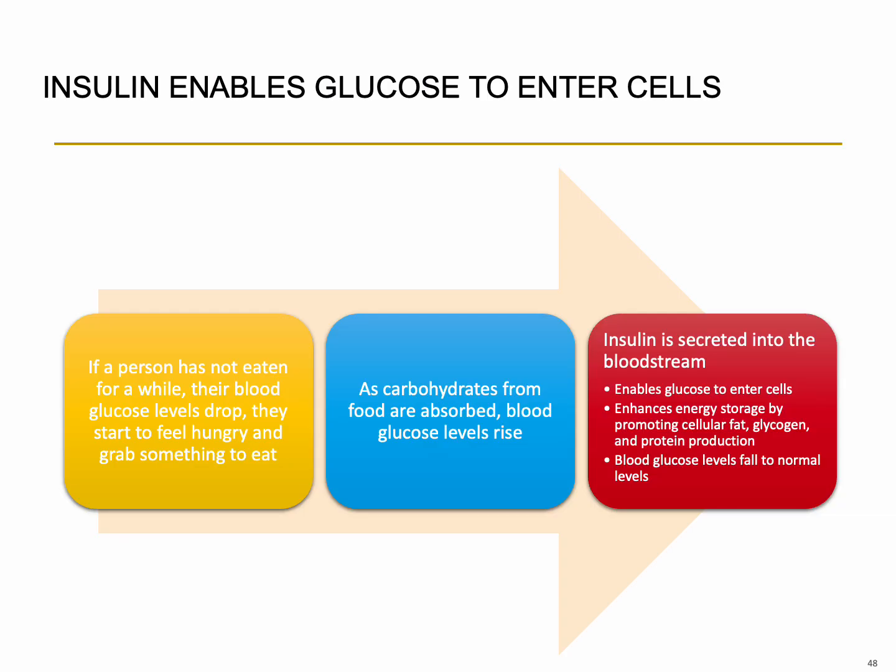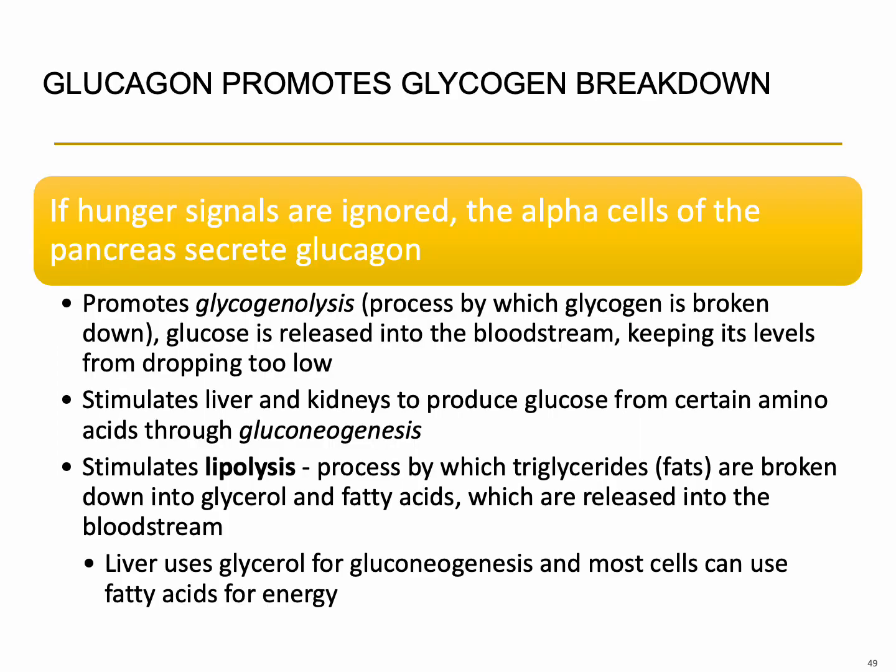One way you can picture how this works is insulin is essentially a key that opens up the cells of our bodies to accept glucose. When insulin is released, our cells pull in glucose from the blood. Without insulin, we can't do that. Glucagon, which is kind of the sister hormone to insulin, works in the opposite way.